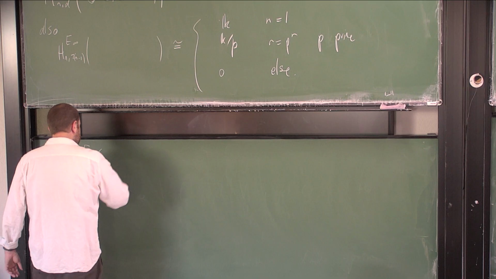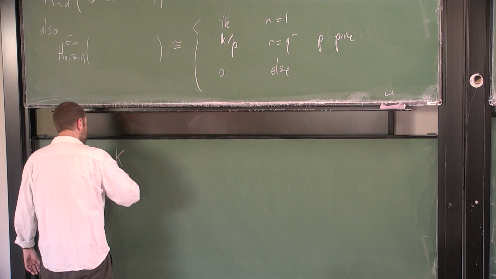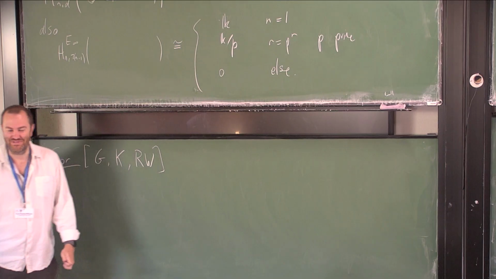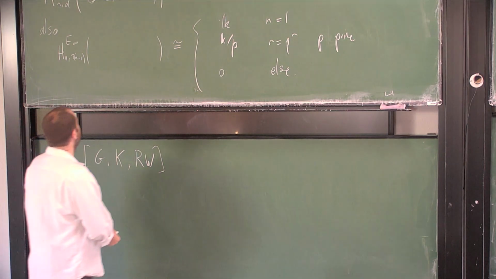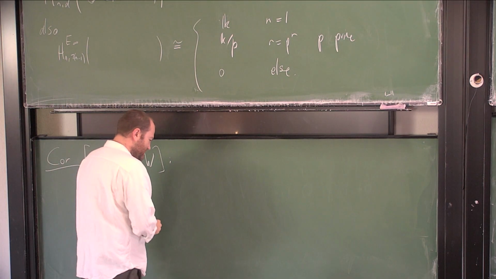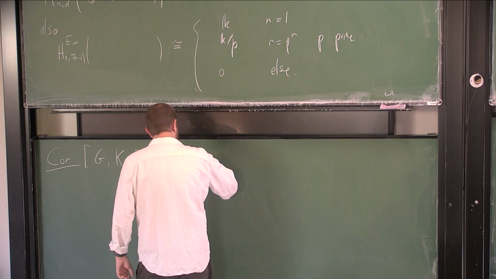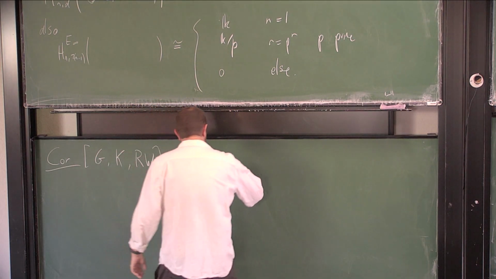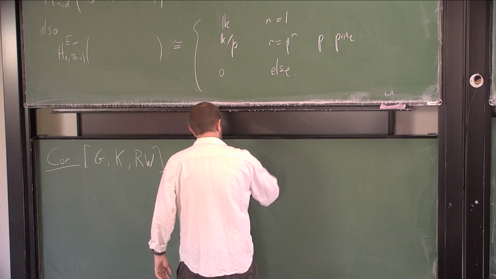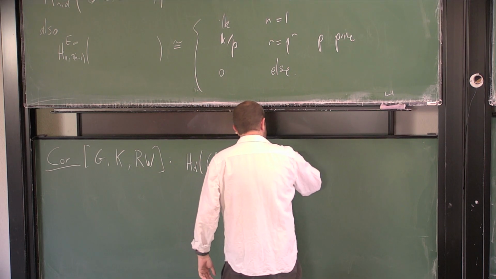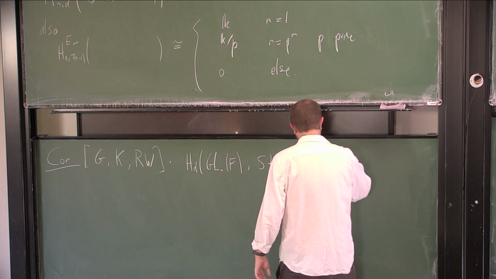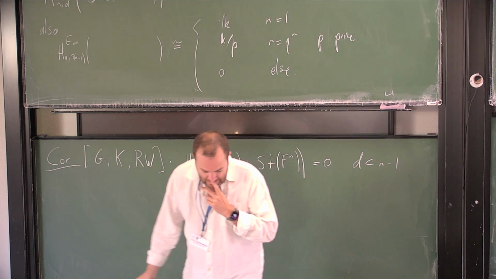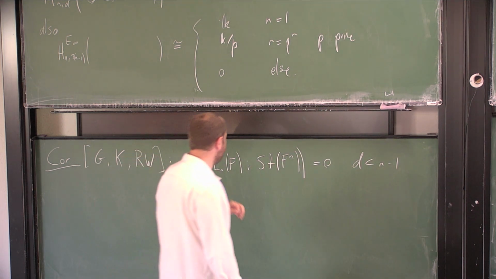And this has been discovered independently by Soren, Sander, and me, 3 times. And it says the following, let me get it right. H_d, in the same setting, so infinite field, of GL_n F with coefficients in the ordinary Steinberg of F to the n is 0 for d less than n minus 1. I think that's right, yes.